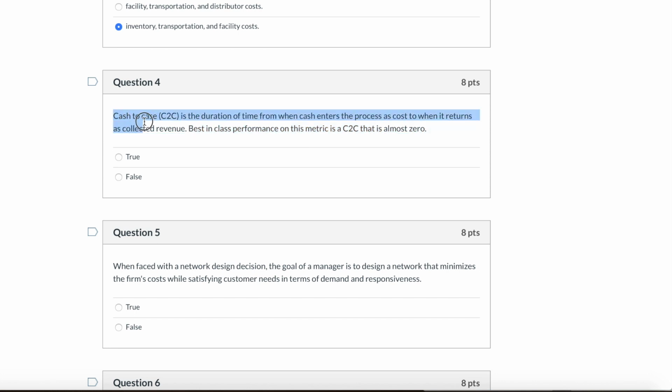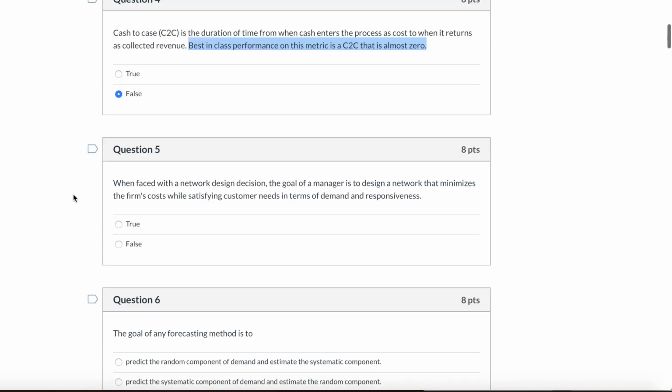Cash to cash is exactly this process of when you put money in and how long it takes to come back to you. However, the best metric is not almost 0. Although almost 0 is probably a good metric, you can actually get a negative C2C, which means that you get paid before you create the product.